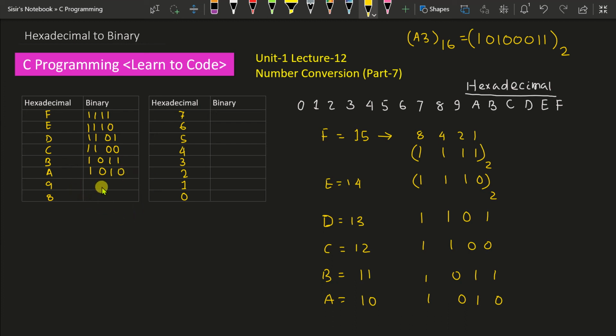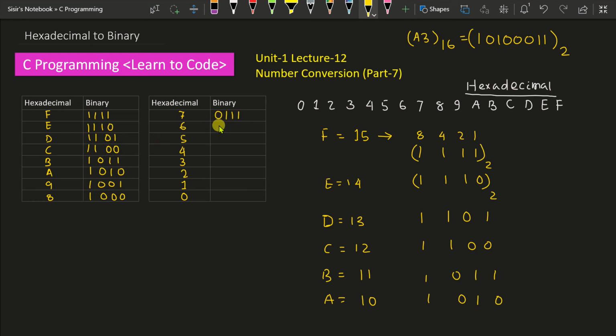So 9 becomes, I'll just write down the values. You are required to check on your own whether it is correct or not. If I am making any mistake in between them, then kindly correct it. So this will be 1 0 0 1, this is 9. 8 means 1 0 0 0. 7 means 1 1 1, but I should add another 0 to make it 4 digits, because all these numbers are represented with 4 digits.